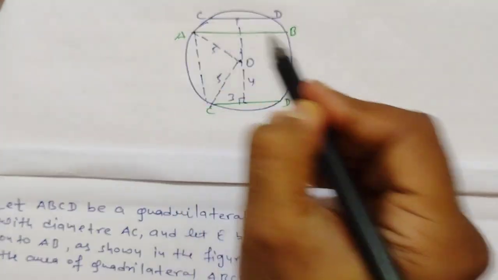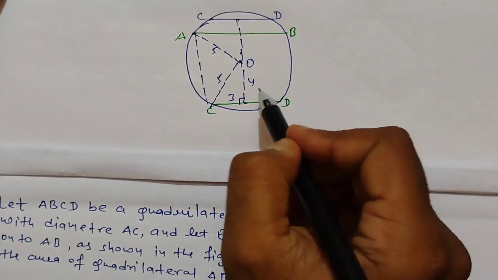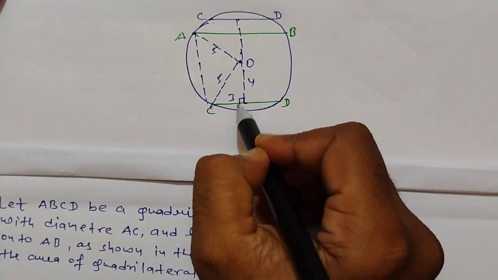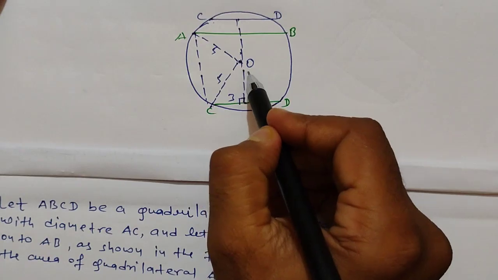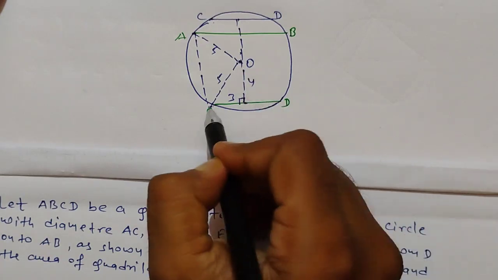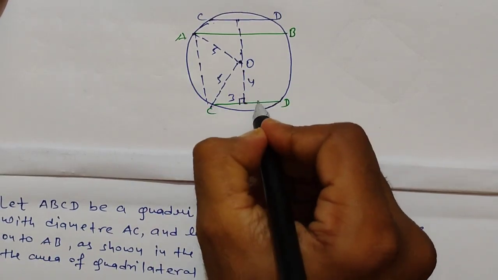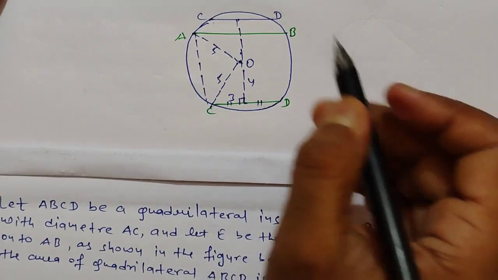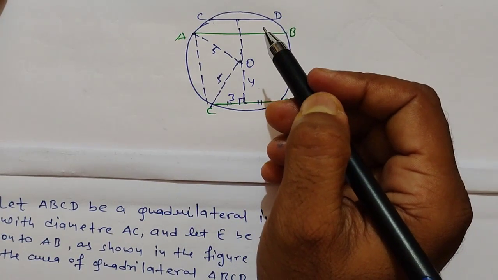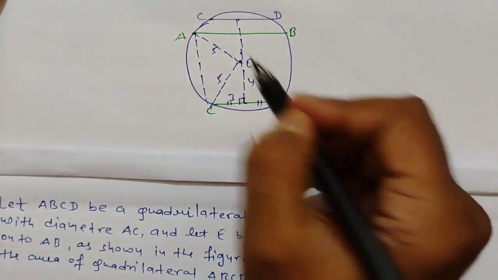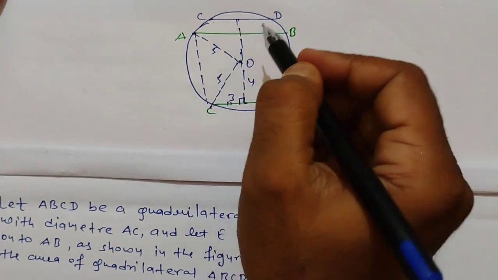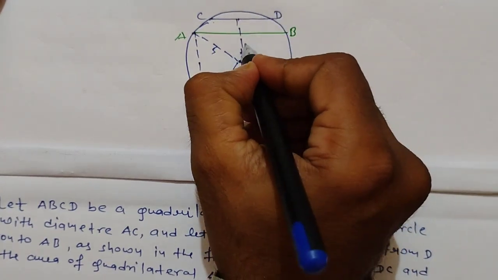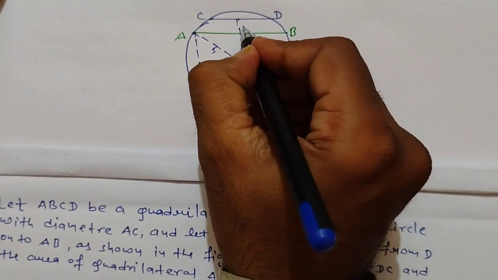This length will be 5 also, and here this will form the right angle because we are dropping the perpendicular from O to the chord CD, so this length and this length will be equal also. So now if this is 4, this will be 4 also, and here this is 3 and this is 1.